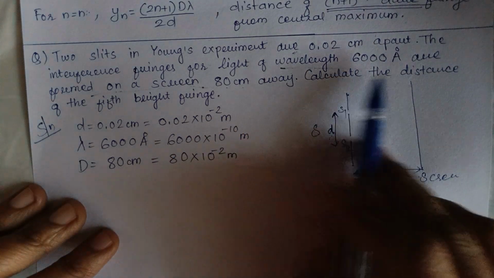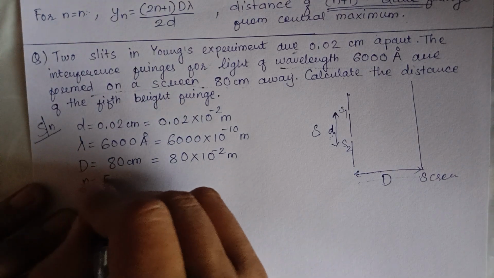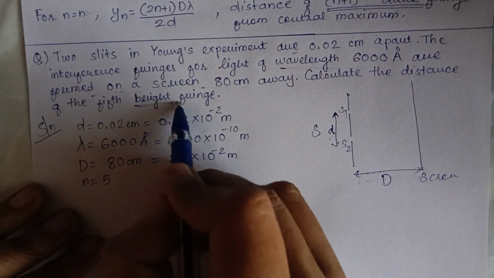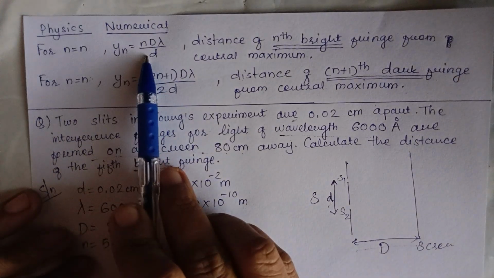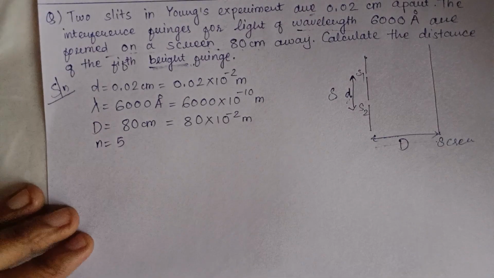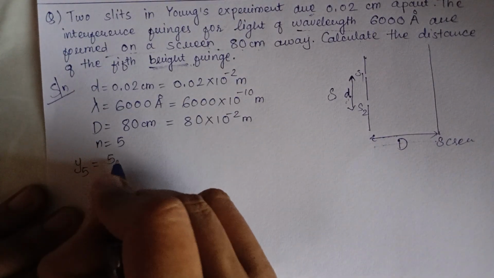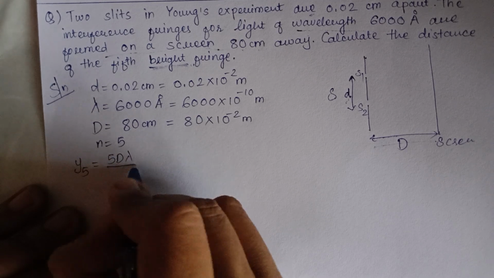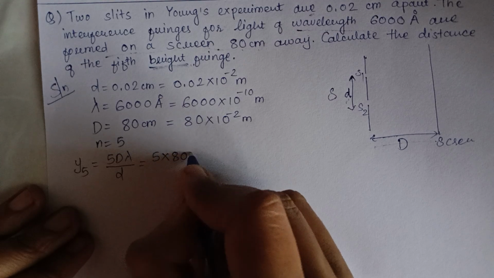Now calculate the distance of the fifth bright fringe. So n is 5 and it is given bright. Bright means we have to make use of this formula. Okay, so y5 is 5 D lambda upon d. Substitute.